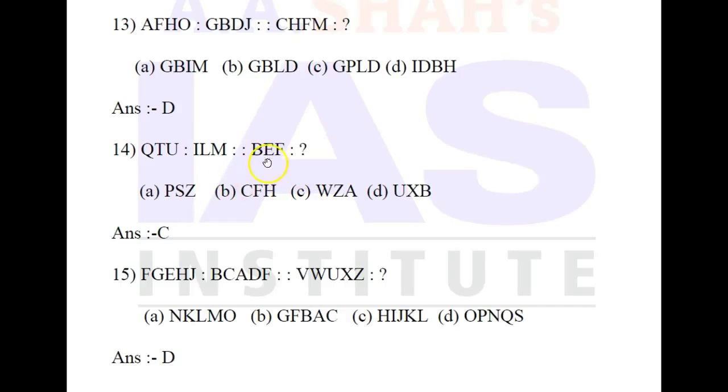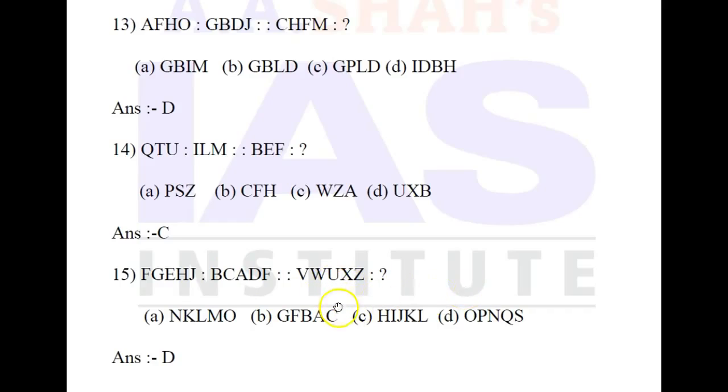B plus 3 would be E and E plus 1 would be F. The same thing here. Now which are the options where this particular thing is being applied? The correct answer would be the C option, WZA, where W plus 3 is Z and Z plus 1 is A. So C option, WZA.